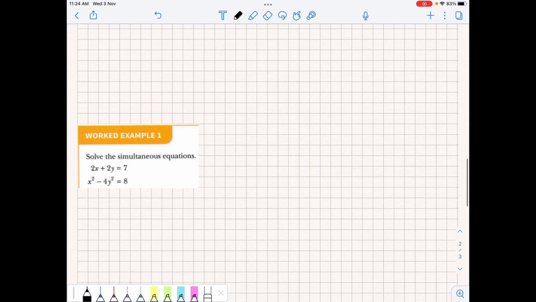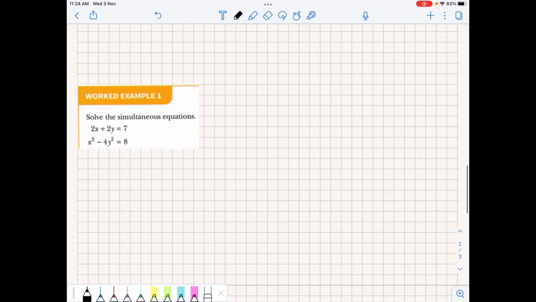Okay, let's do a more complex example. Here I have a linear function again, and I also have some other function, okay? Now, it doesn't matter what the other function is. We're just asked to solve when these two functions exist at the same point in time, right? Now, we're going to have to not only substitute, but we're also going to have to manipulate one of the equations in order to solve.